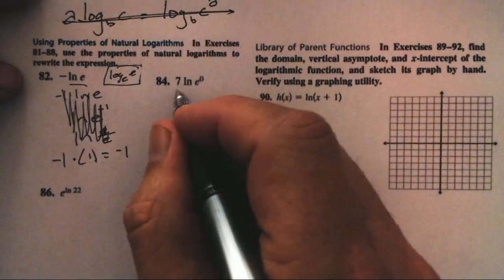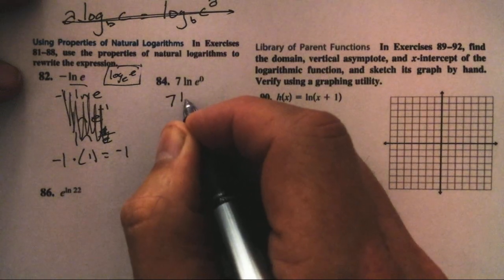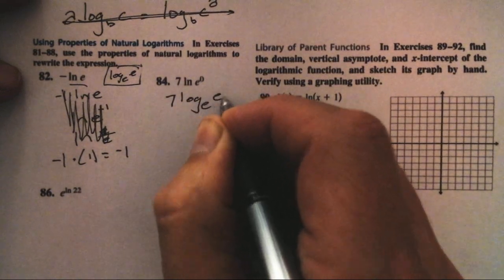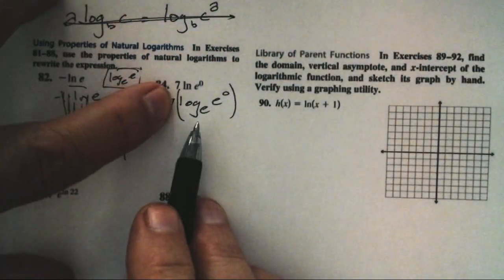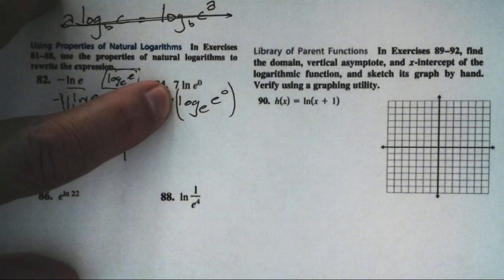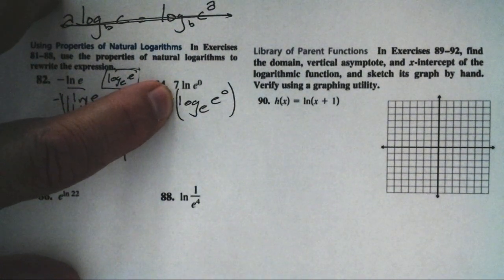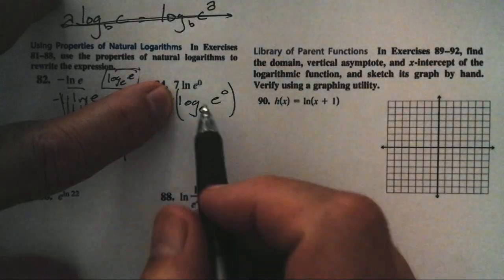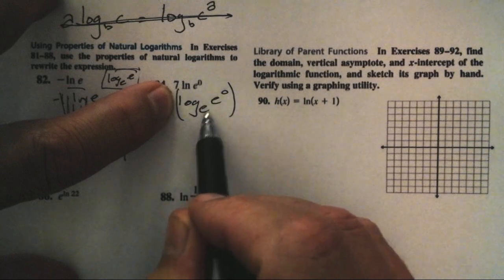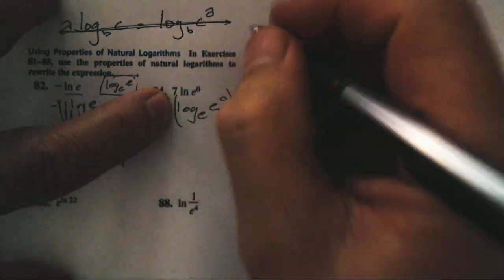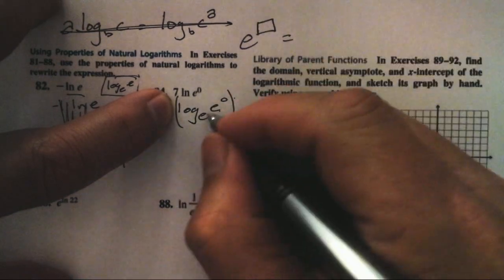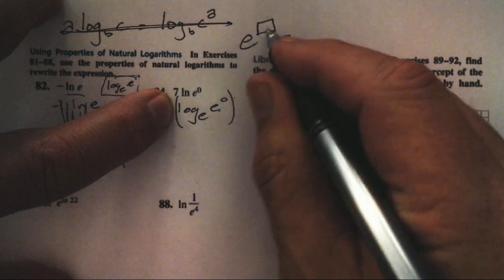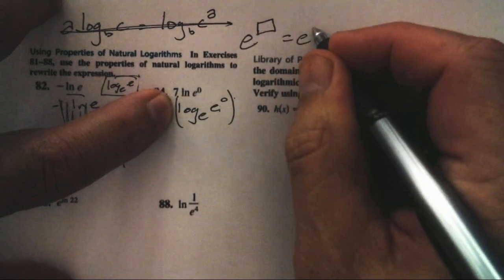Okay, so again, I won't normally do this, but I'm going to write this as 7 log base e of e to the 0. I want you to think about just that for a moment, the way I would read it, and see if you can interpret what that is equal to. This is the exponent that would turn e into e to the 0.